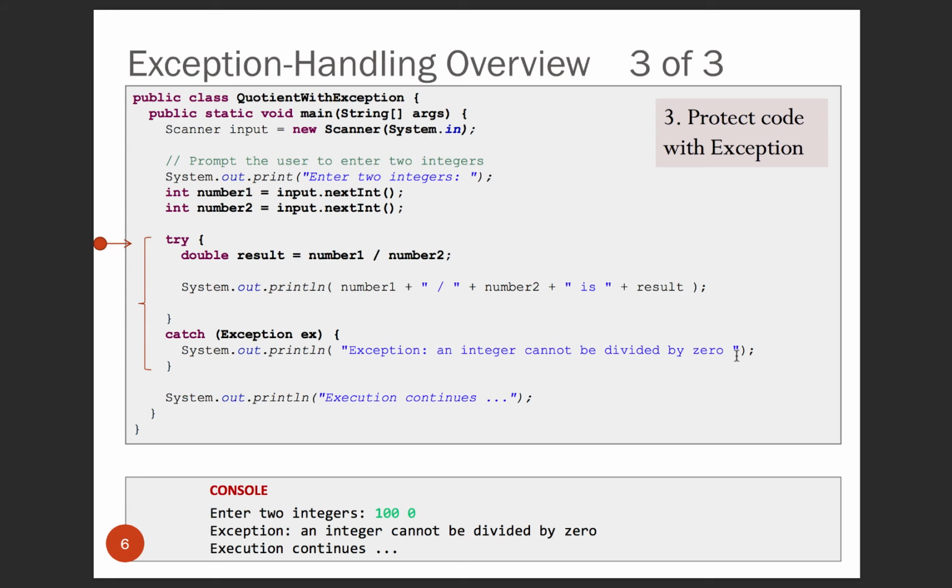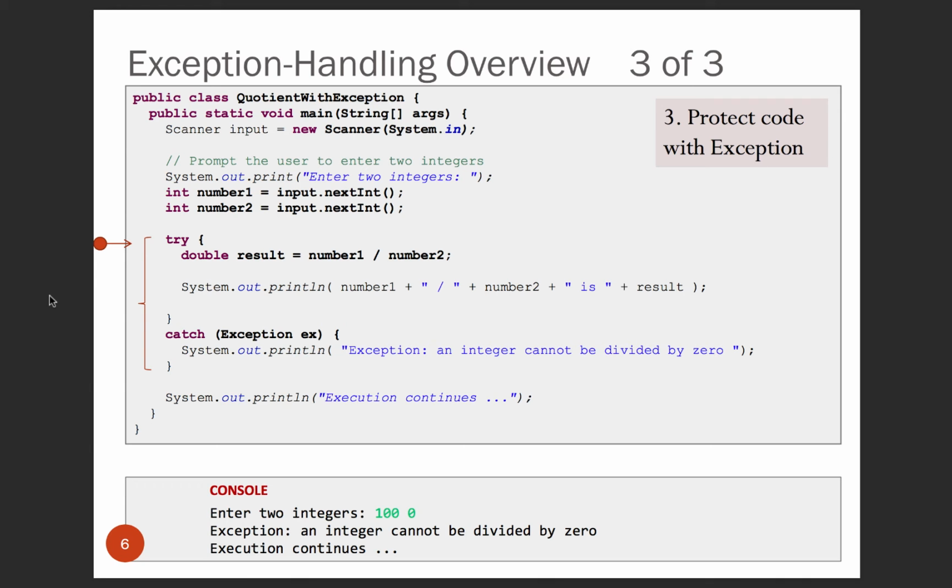The try block always keeps an eye on those errors. If it finds any mistakes, it passes that information to the catch section, and the catch section handles the situation. For example, if we try the two integers 100 and 0, the exception handler prints the same thing, integer cannot be divided by 0, and then it continues asking the user to give different numbers. Okay, so these are the three different scenarios of the same code.